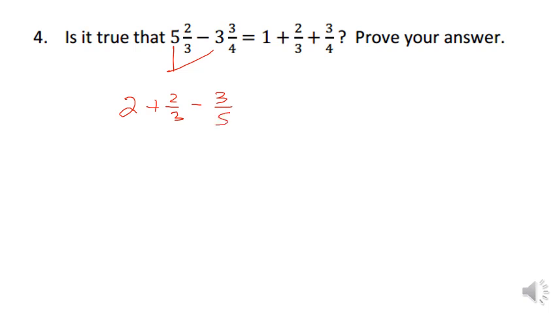Okay, well, we can already see that this is not going to be true, because it cannot be true. If you see here, we have one whole difference, and we're subtracting 3/4 from this side, and we're adding 3/4 on this side. So it is not true.